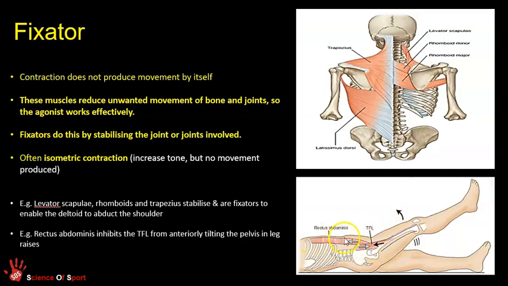But rectus abdominis is a fixator. You contract your abs isometrically to try to stabilize this trunk, this lower abdomen, to keep it still so that just your leg moves and your hip isn't lifted off the ground. Okay, again, I really recommend you remember at least one of those.